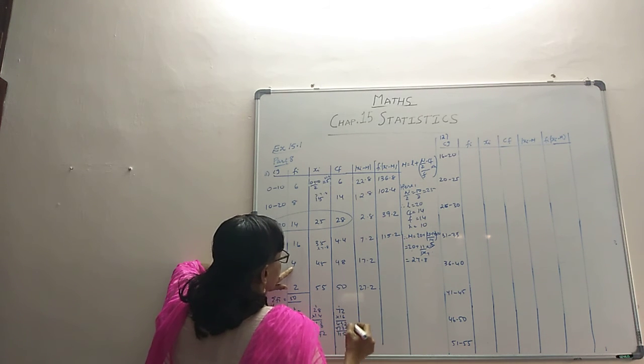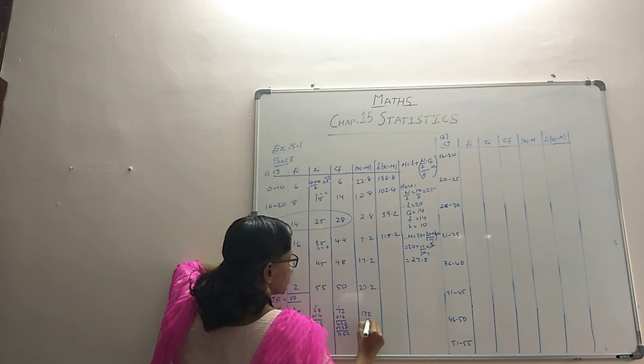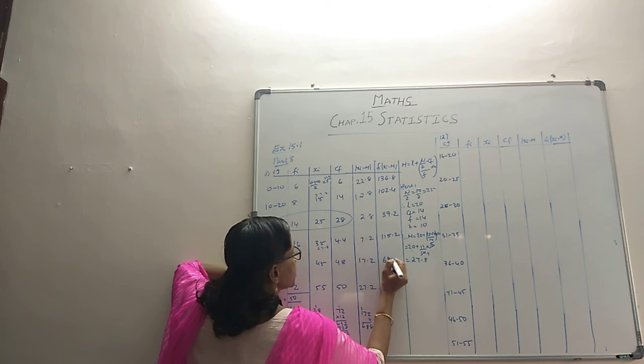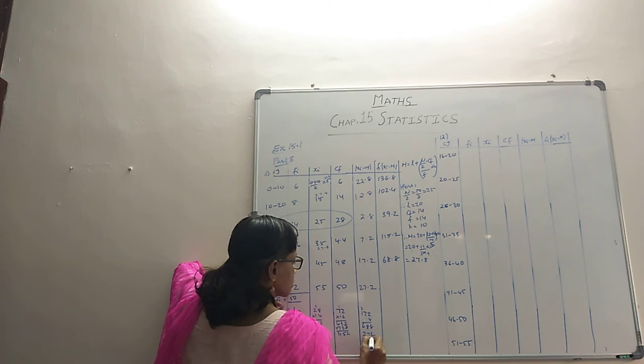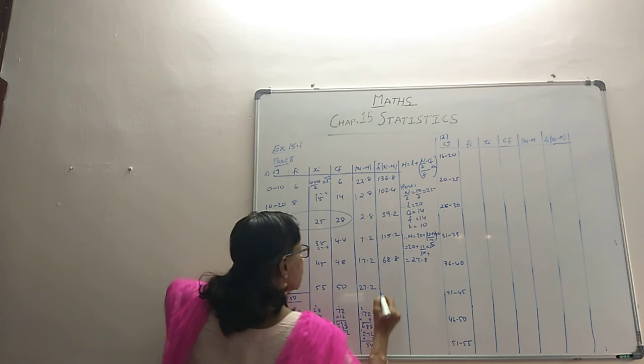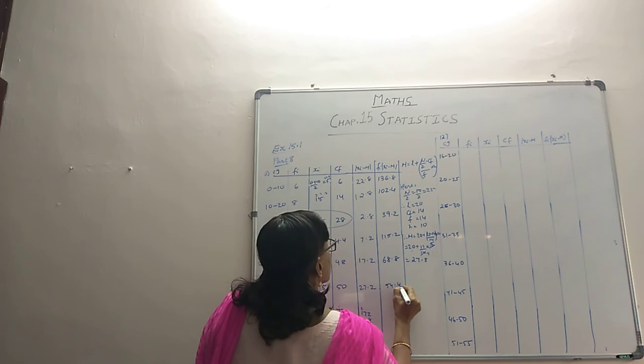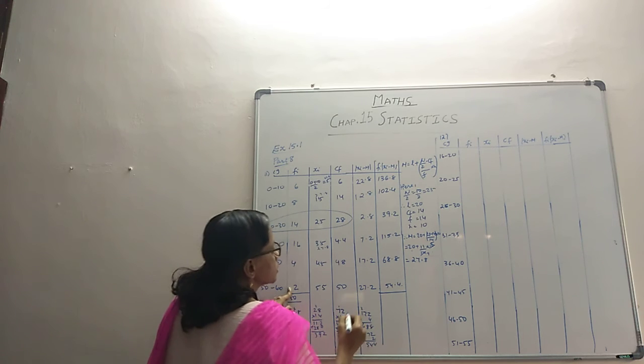Then 17.2 into 4, which gives 68.8. Then 27.2 into 2, which gives 54.4. Right.